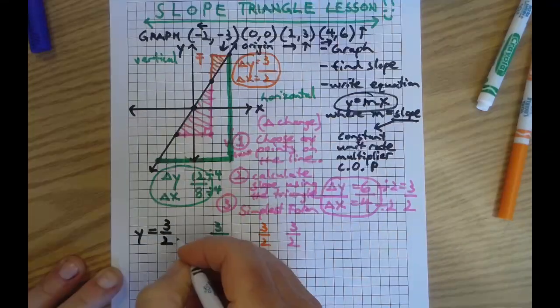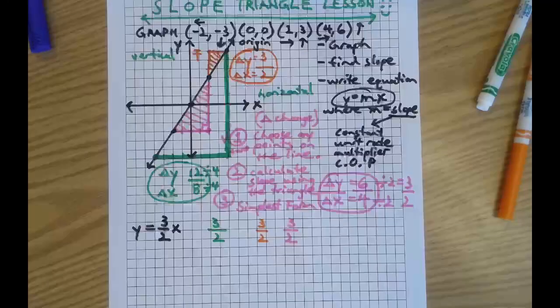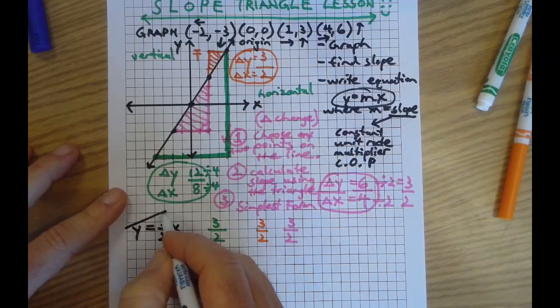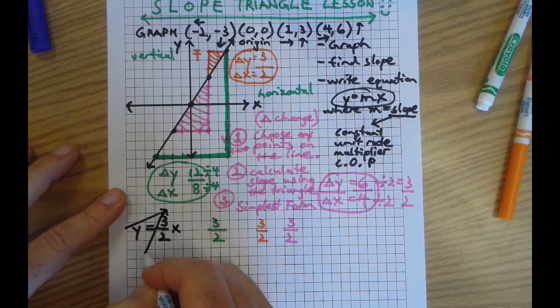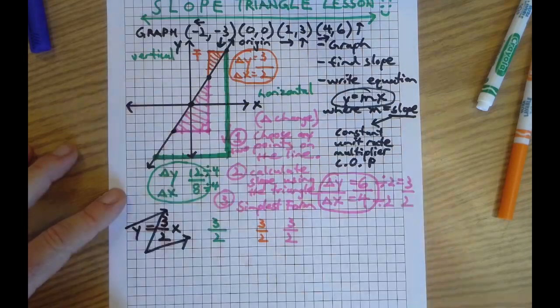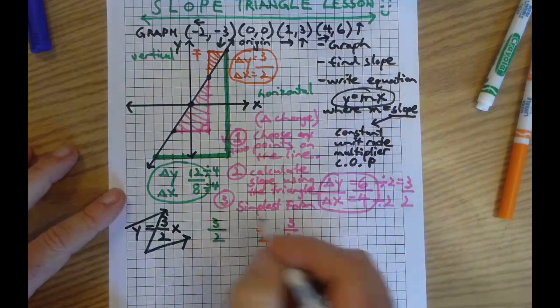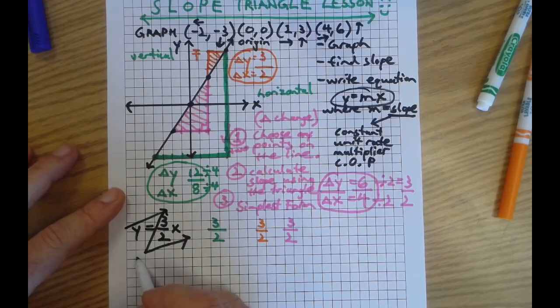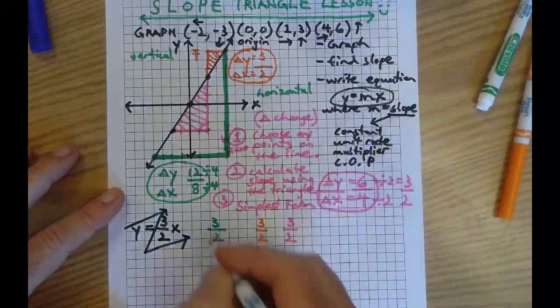Y equals 3/2 x. What that means is y goes up 3 for every 2 x's to the right. The mark of Zorro. Y goes up 3 for every 2 that we go to the right.